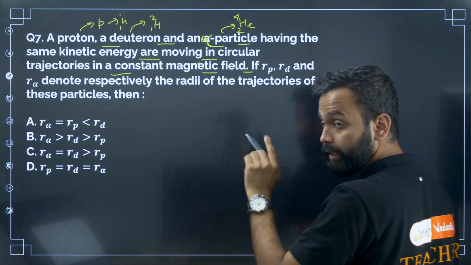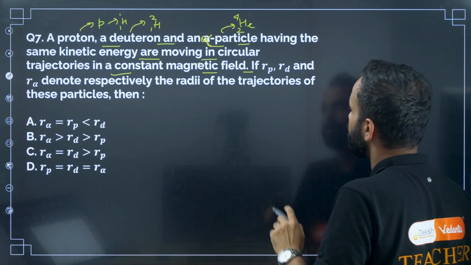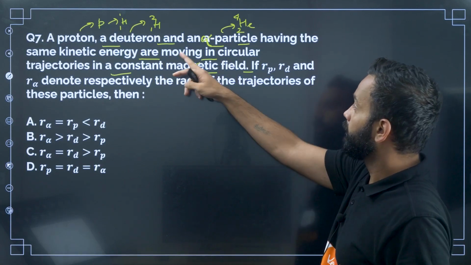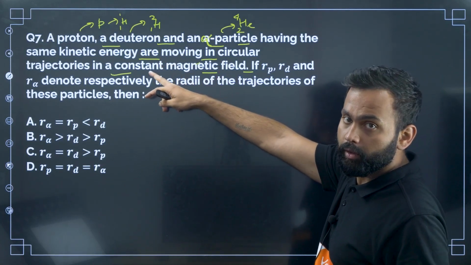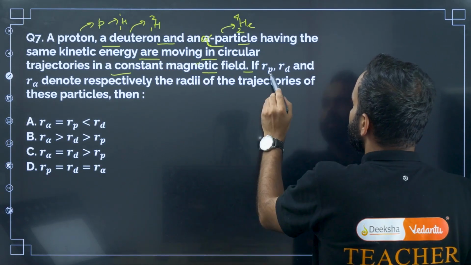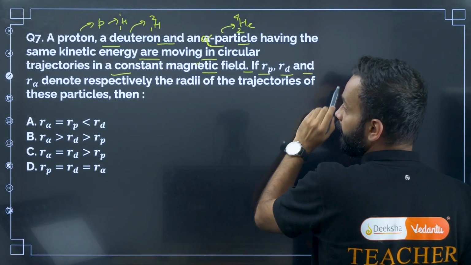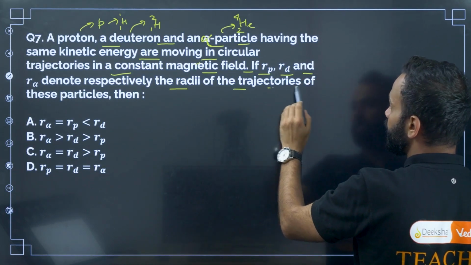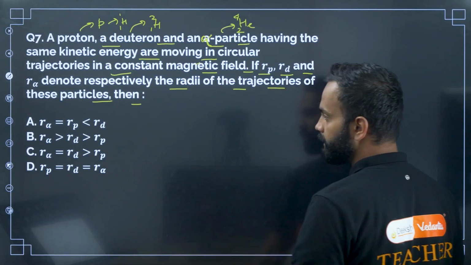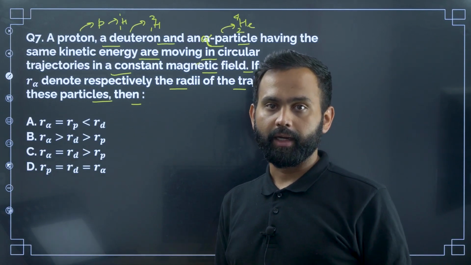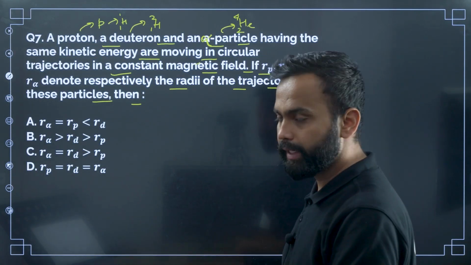If RP, RD and R alpha denote respectively the radii of the trajectories of these particles, we need to find the relationship between RP, R alpha and RD.